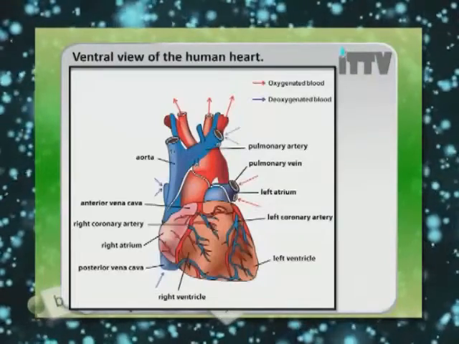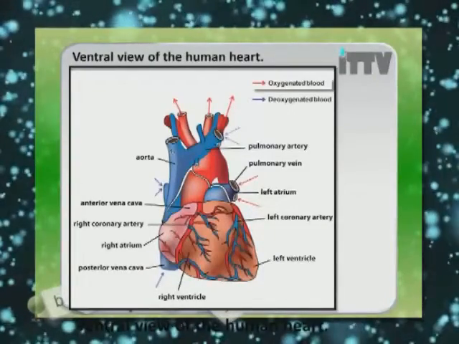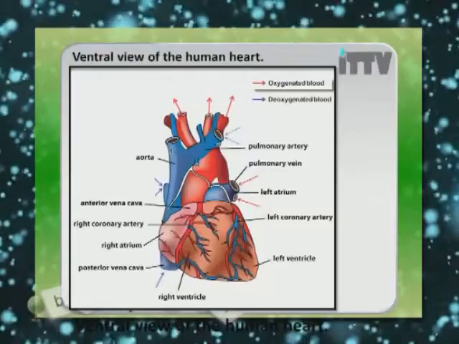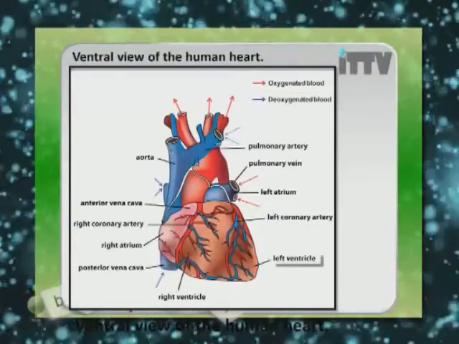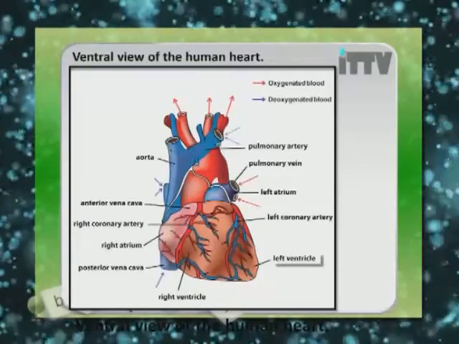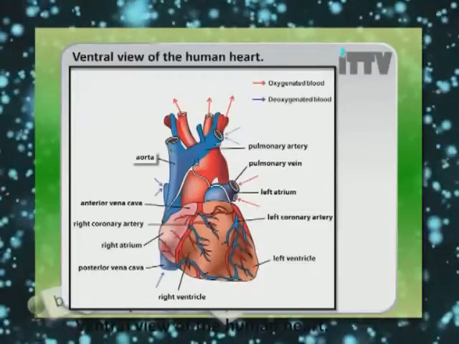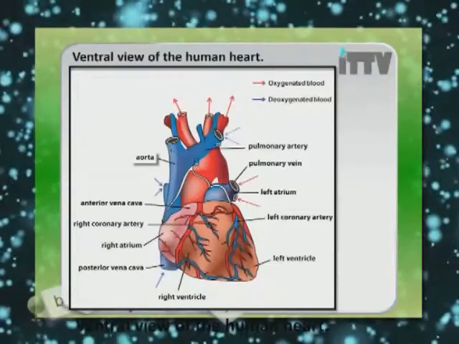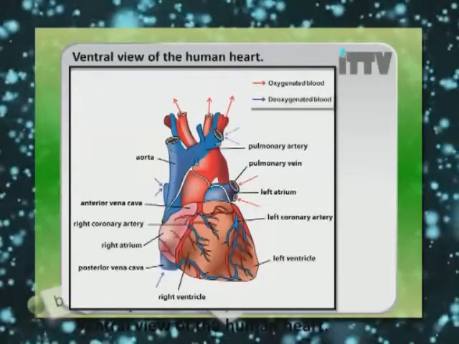Now, let us take a look at this diagram. You will see that the oxygenated blood comes through the left atrium and the left ventricle. The left ventricle pumps the oxygenated blood to the aorta, where the aorta distributes it to all parts of the body.